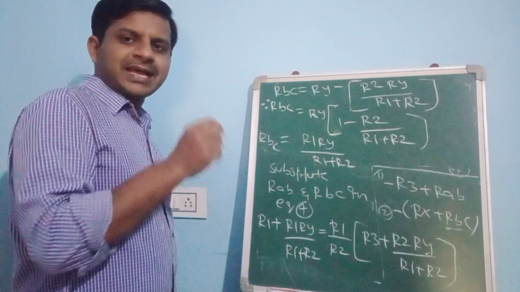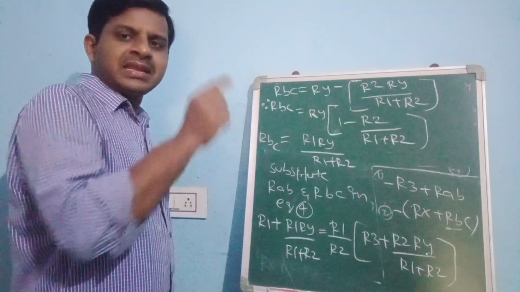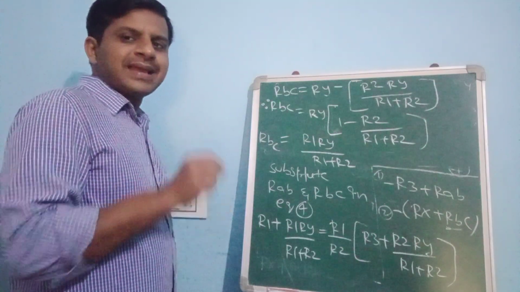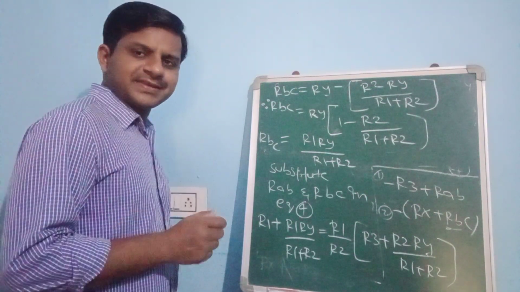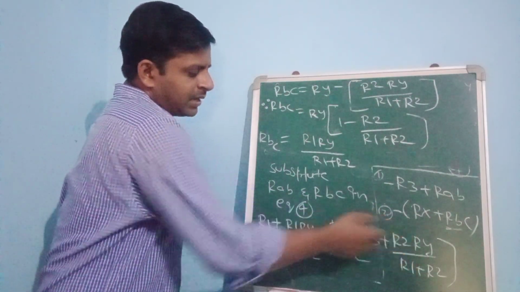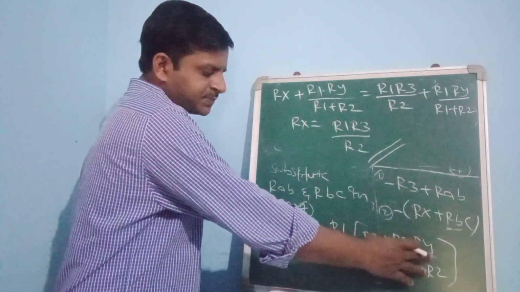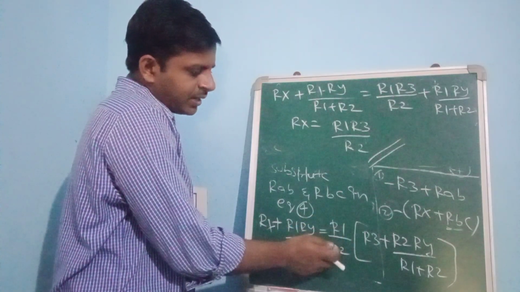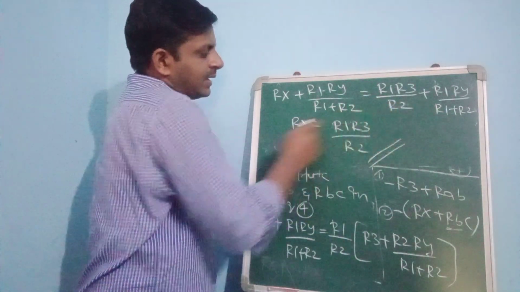Now substitute both the RAB and RBC values in equation 4 to get the Rx value. This is the RBC value and this is the RAB value. By multiplying the entire expression with R1 and R2, we get this.